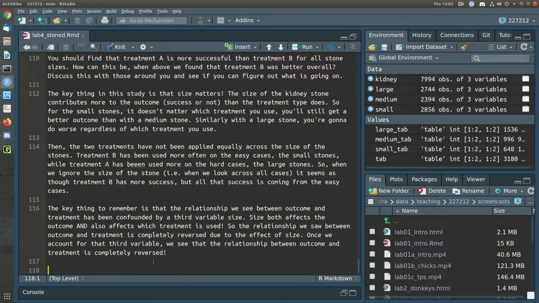And of course, the reason for this is that the smoking rates within those three age groups differed, right? The older age group had a lower rate of smoking than the younger age group. And the older age group were more likely to die, not because they smoked, because they didn't smoke as often, but simply because they were old, right?